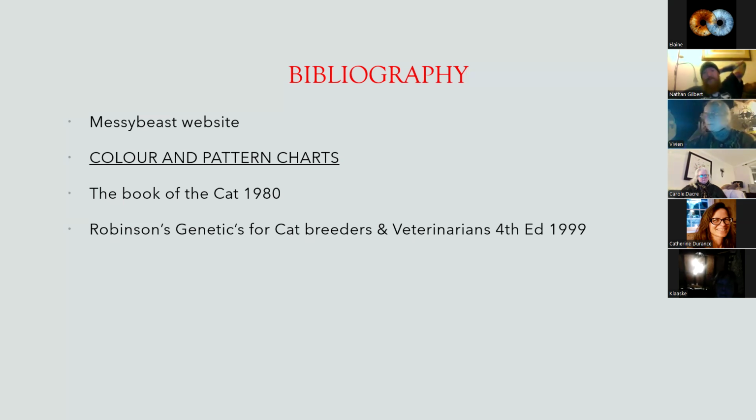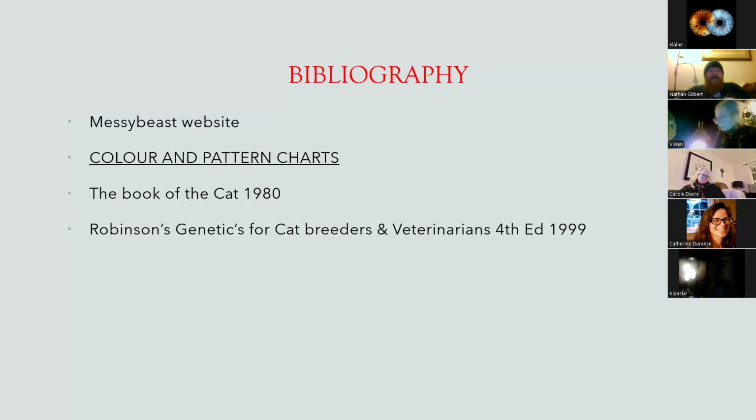She's got really good color and pattern charts that you can use to get from, how will I get some sorrel kittens out of these two usual adults? And the Book of the Cat 1980, that is a Bible. It's an all breed book, but it's got quite a good couple of pages on Abyssinians and Somalis.